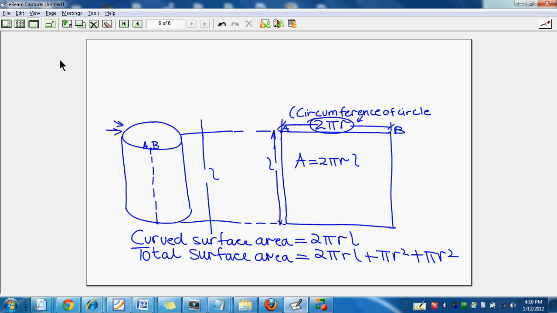So in total, it could either be 2 pi r L with no closed ends, plus pi r squared with one closed end, or plus 2 pi r squared if you have two closed ends. So this could actually work out to be 2 pi r L plus 2 pi r squared. Okay? So that's what that would look like if it was closed at both ends.